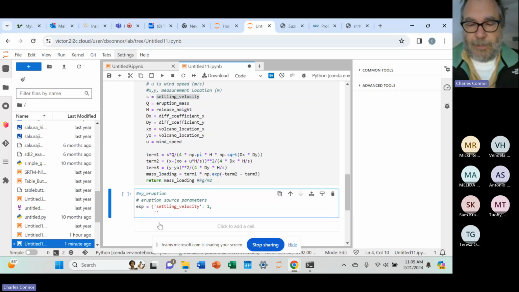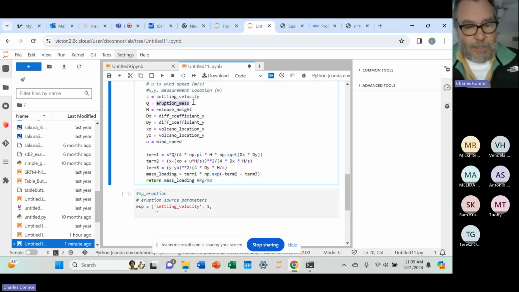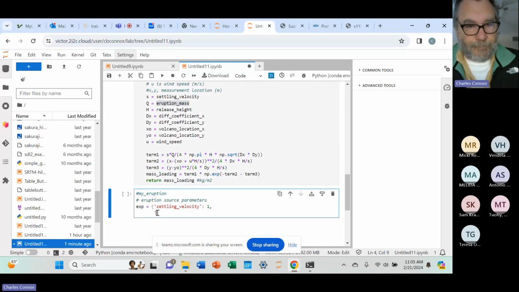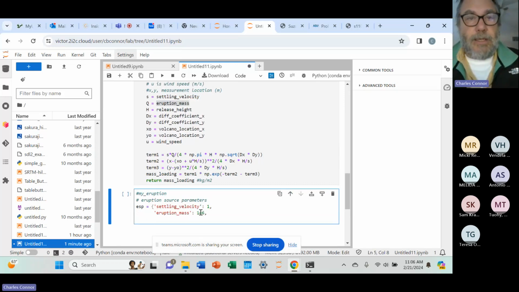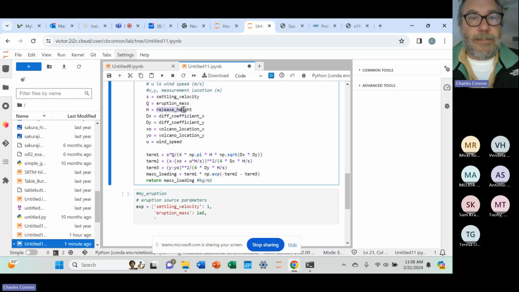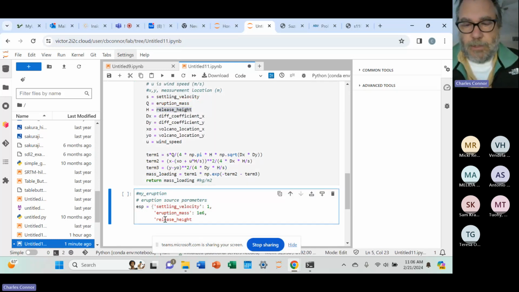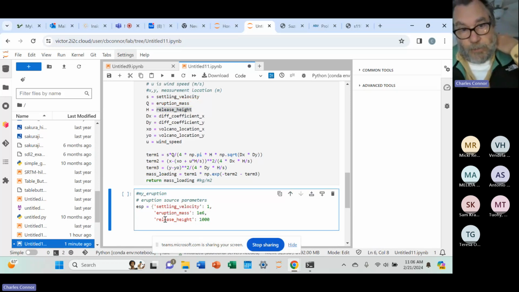So I'm going to say that eruption mass, I'm just going to copy that. And I'm going to assign then a value to that, let's just say 1e to the 6th. And I'm going to assign a value to the release height. And that's going to be, call it 1,000 meters for a little plume here.